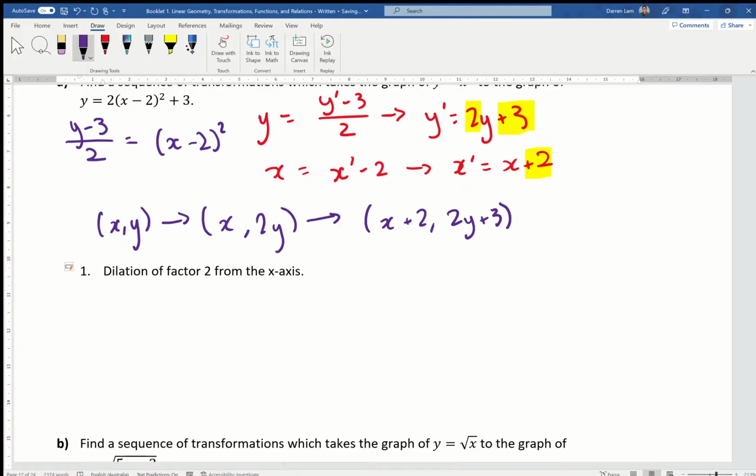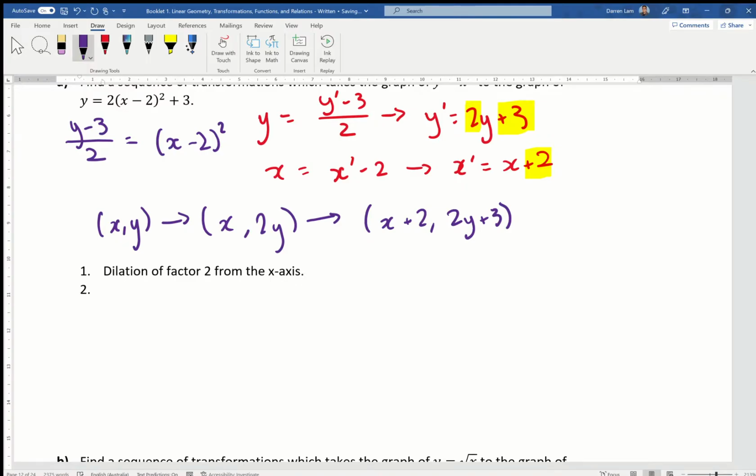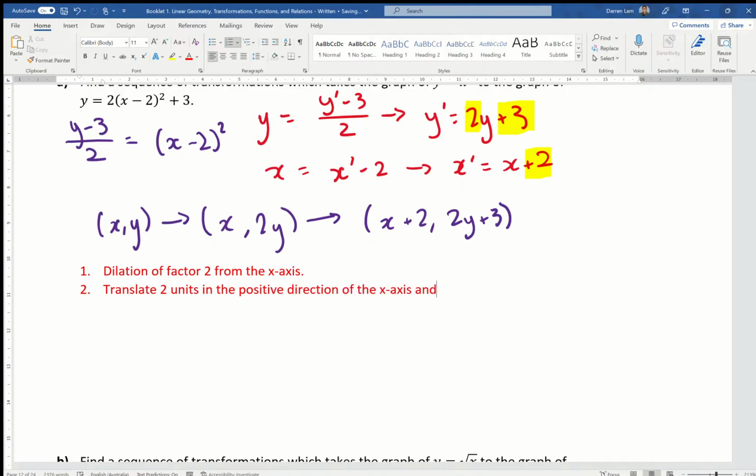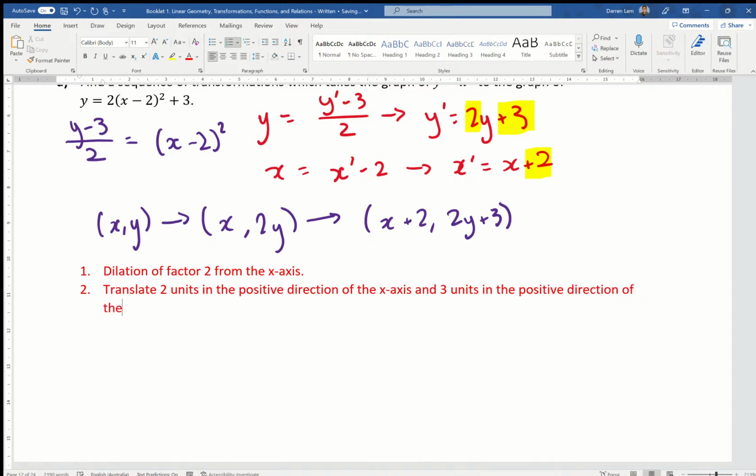You may write along the y-axis, that's fine, you don't have to write both. 2, we translate, now it doesn't matter which one you do, x or y first, because it's in the same category anyway. So we say translate 2 units in the positive direction of the x-axis and 3 units in the positive direction of the y-axis.